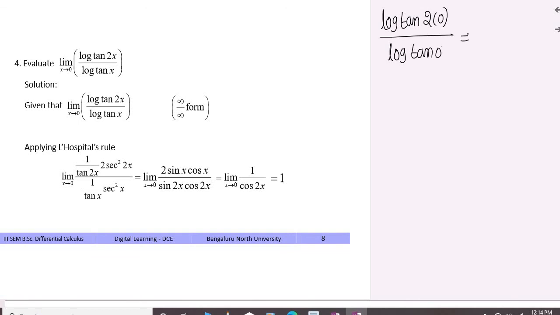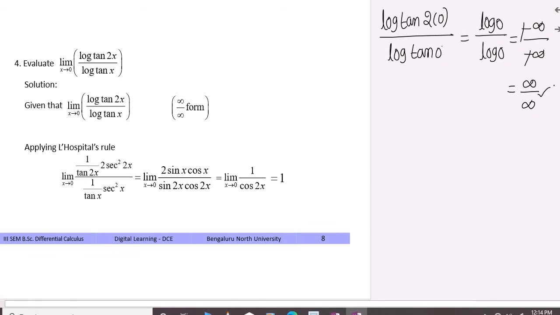So numerator becomes log of 0 by log 0. Log 0 is minus infinity. Log 0 is minus infinity. That means infinity by infinity. This is also an indeterminate form.